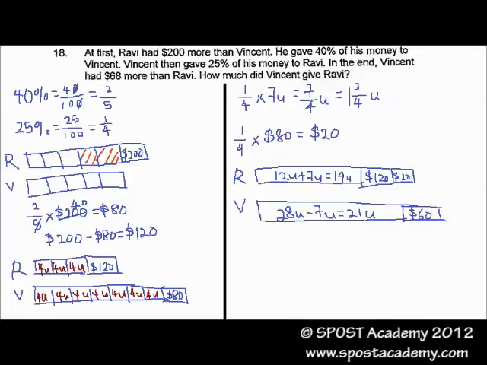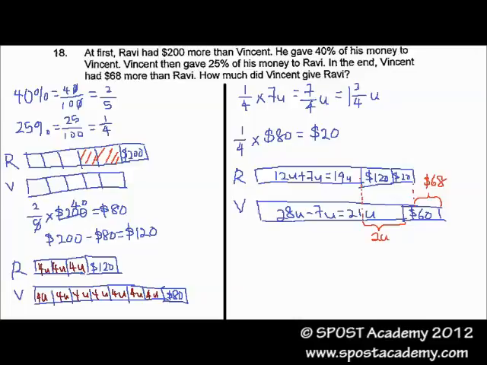In the end, Vincent had $68 more than Ravi. So if we look at the model, Vincent is supposed to have another $68 more than Ravi. Looking at the model, you can see that if Ravi is having 19 units here, it means that from here is actually equal to 21 minus 19, which is 2 units.